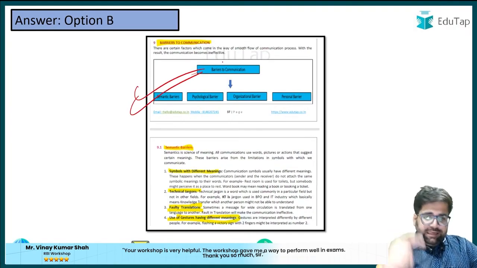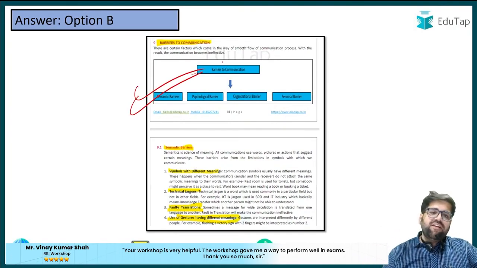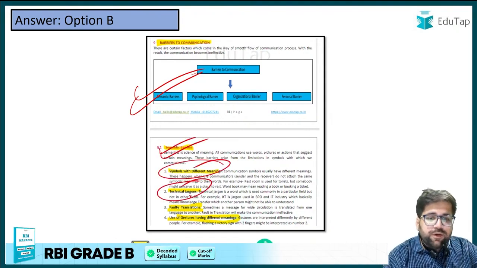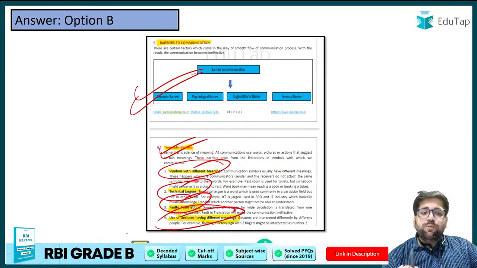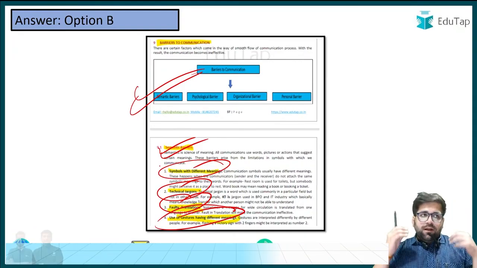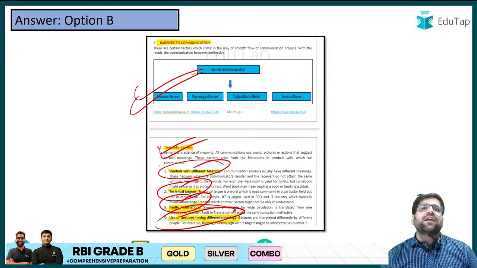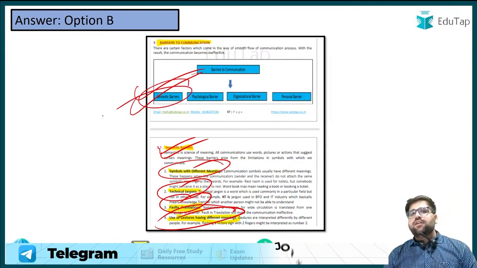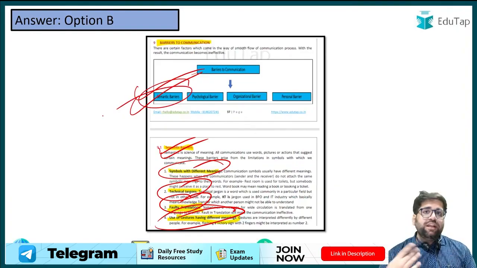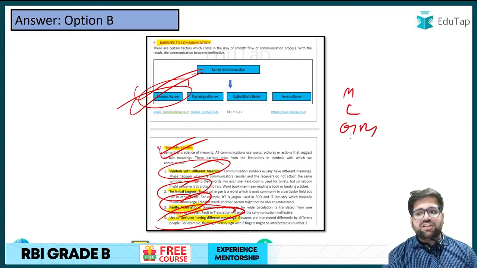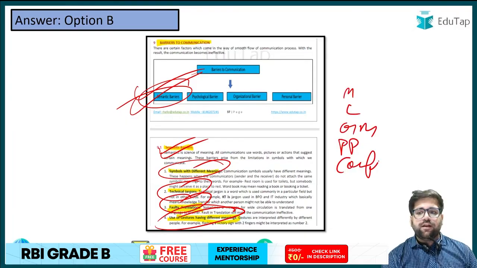And if you see the different categories which we have made under semantic barriers, we have told you the different components which are there. And mind you, my friends, if you are reading, let's take any course for example, then try to see how deep they are covering it. For example, if they have just given you the meaning of semantic barriers, that is not a good case, because you have to go deep into some core chapters: motivation, communication, journal management, personality, perception, conflict.